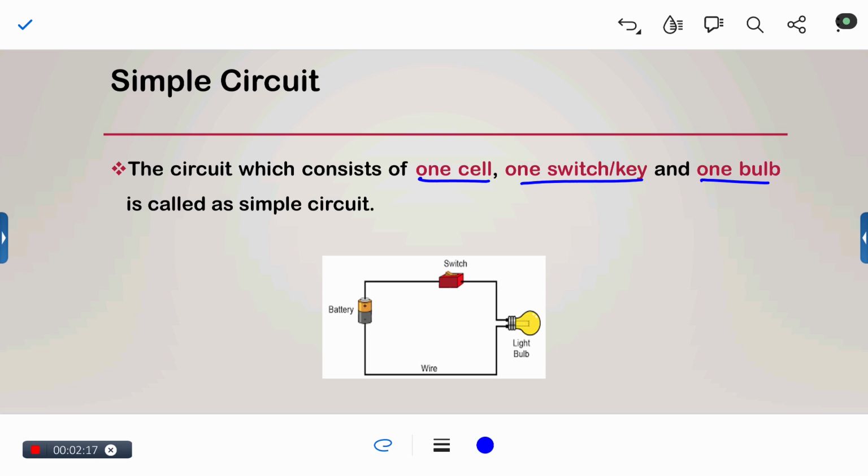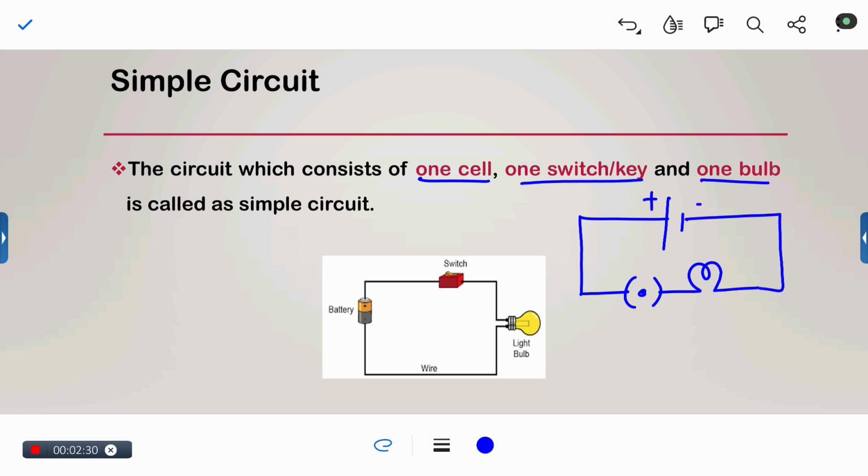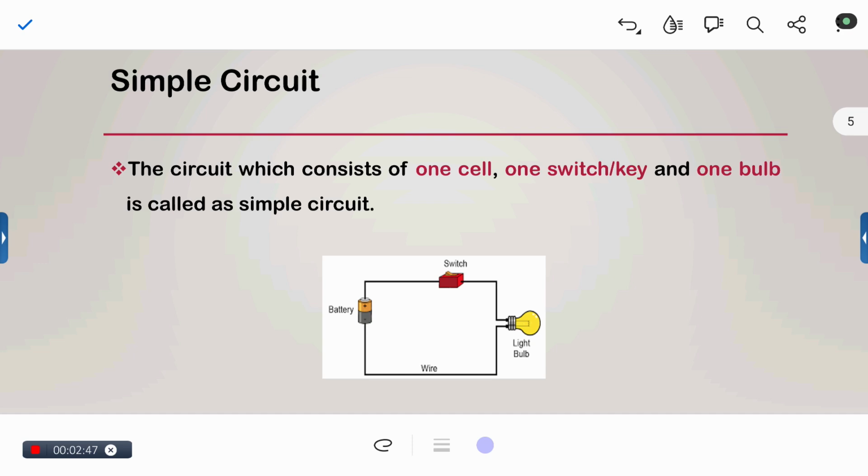So if you connect a cell, a plug key and a bulb like this, the given circuit is called a simple circuit. All the components need to be single: only one cell, one key and one electric bulb. That type of circuit we call a simple circuit.